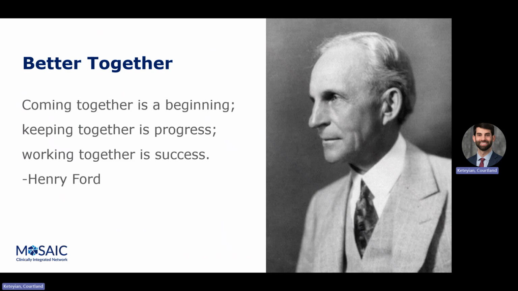Those are all ways that we haven't ever before come together. And so I'll leave you with this Henry Ford quote, which is that this sport, this value-based care, is really a team-based sport. And we will be more successful going after those quintuple aim objectives, performing in our value-based contracts, as we do that together.